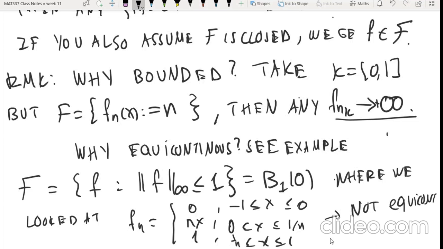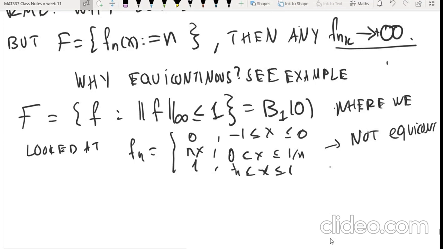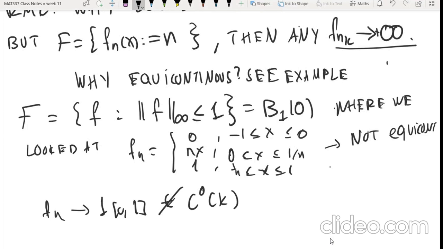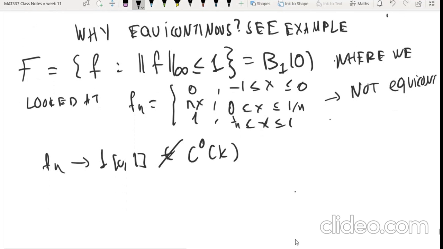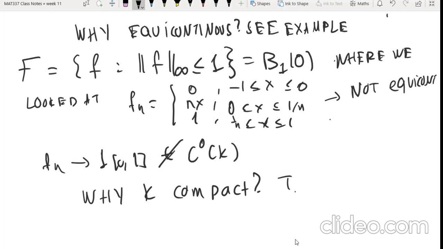So it was not equicontinuous, and yeah, we had F_n not in the set. Anyhow, so that's why not equicontinuous. Why K compact? So take F to be 1. Let me see my example.